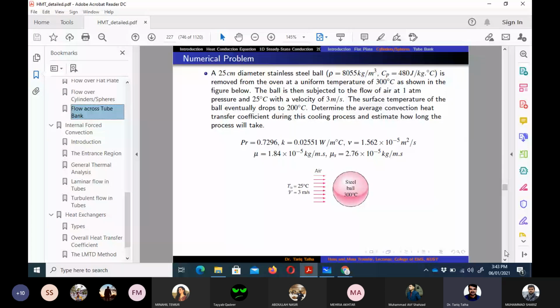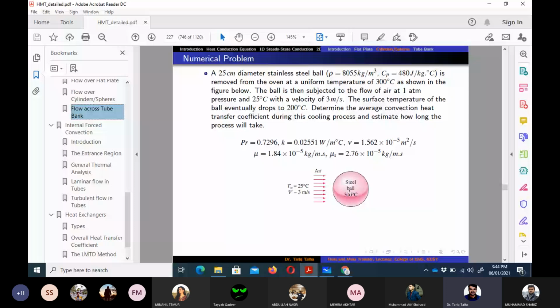Now, initially the uniform temperature of that spherical ball is 300 degrees centigrade, and then the ball is subjected to the flow of air, which is coming at 1 atmosphere and 25 degrees centigrade with a velocity of 3 meter per second. So the surface temperature of the ball eventually drops to 200 degrees centigrade.